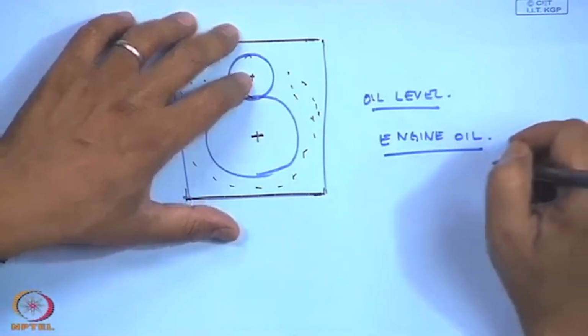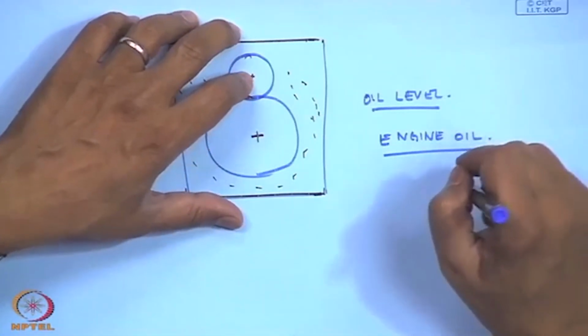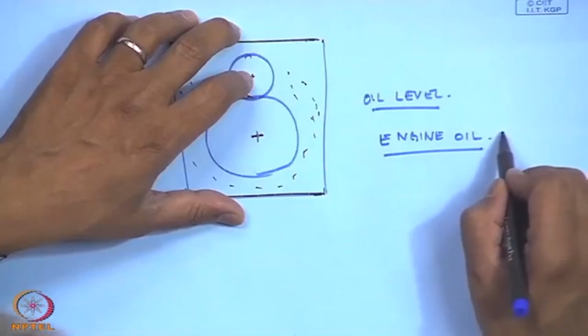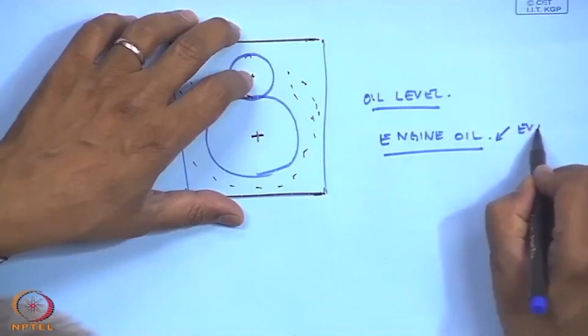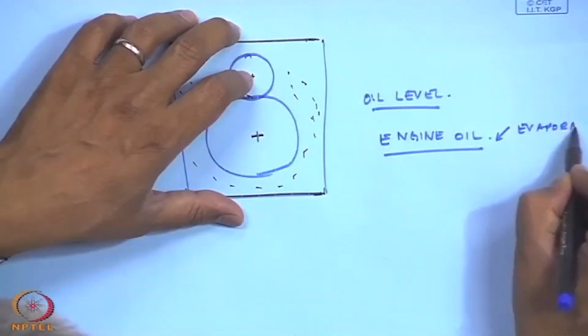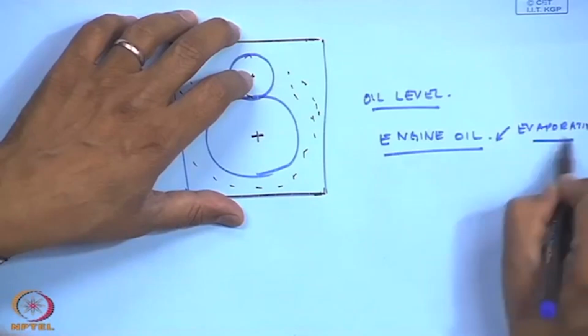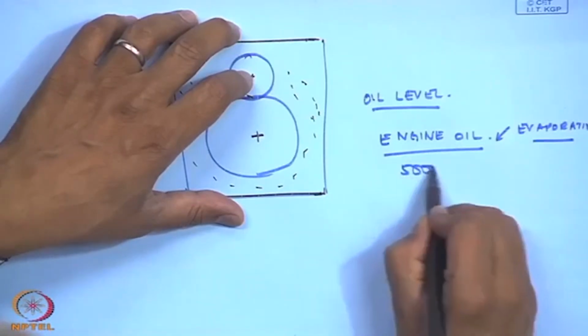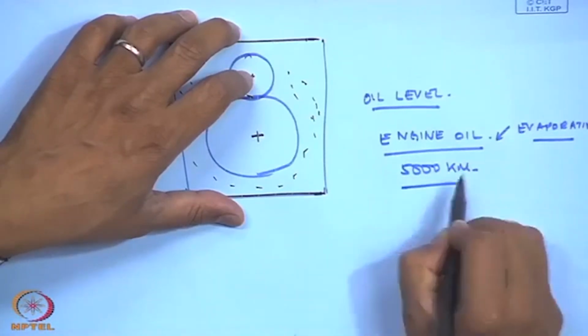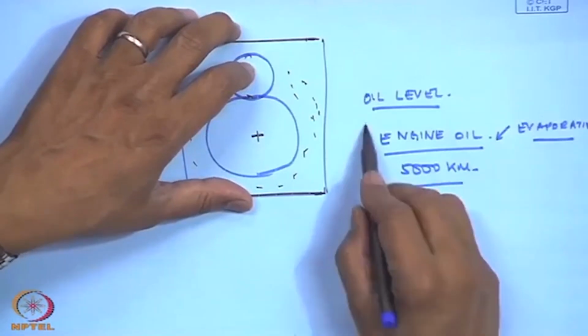And engine oil is exposed to much higher temperatures, because they are very close to the combustion taking place, and they lose out because of evaporation. We lose them. So, every maybe 5,000 kilometers we top up the lubricating oil, that is one.